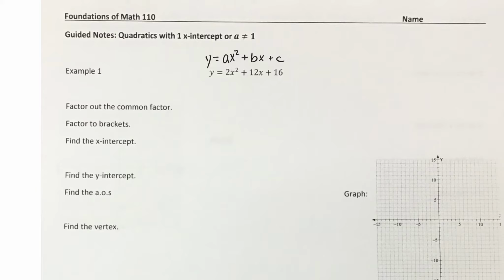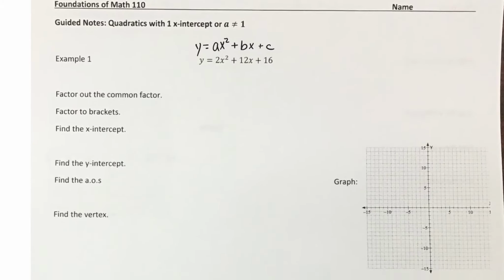So here, your a is 2, your b is 12, and your c is 16, right? So this a value is not a 1, and what that means is we are going to have to do an extra step. It's not going to make a huge difference, but we are going to have to do something different.